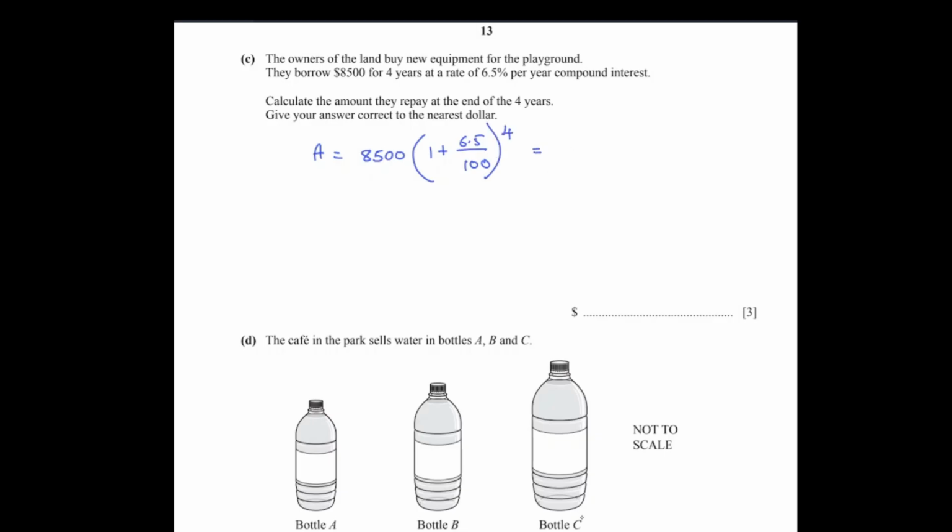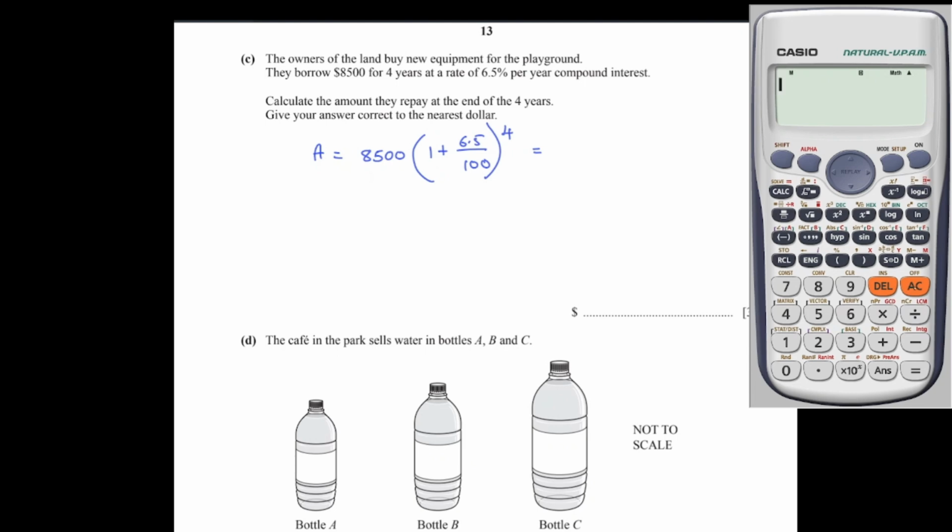Find out using your calculator: 8500 into, open the brackets, 1 plus 6.5 by 100, close, raised to 4. The answer is 10,934.9. So you have to round this to the nearest dollar, so 10,935.